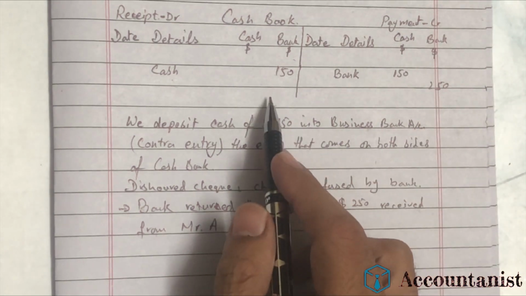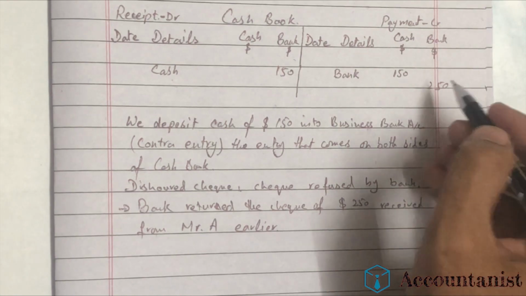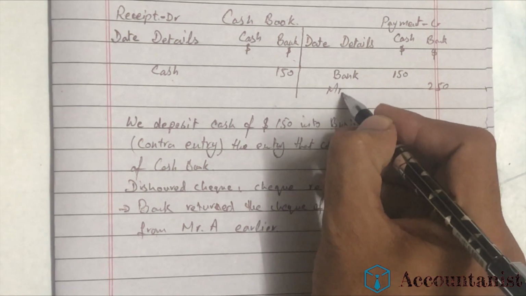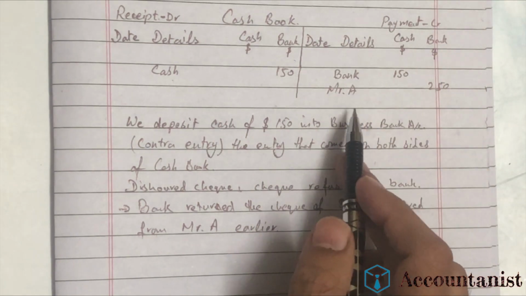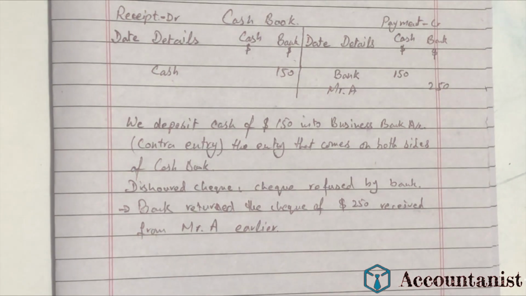Now we are supposed to receive this money again from Mr. A, so we'll write down Mr. A here, and it will become our receivable again. So that's another entry, the dishonored check, which is also an important transaction that usually comes up.